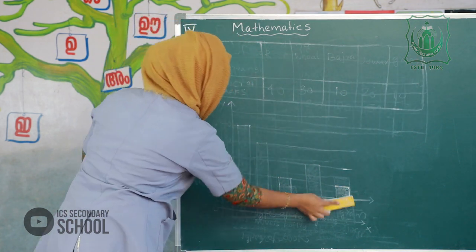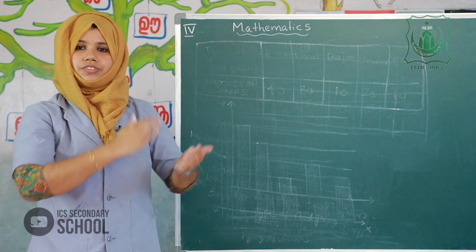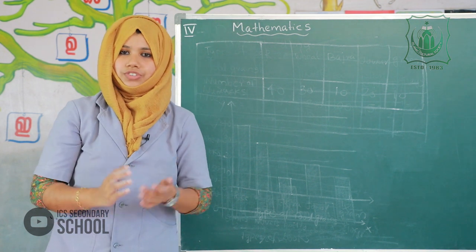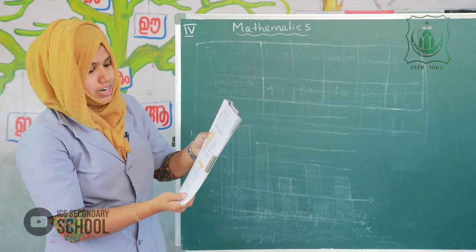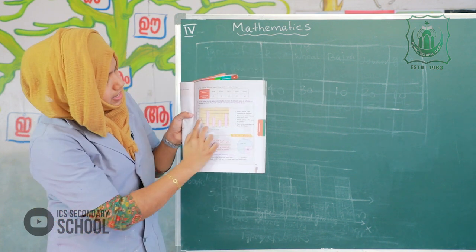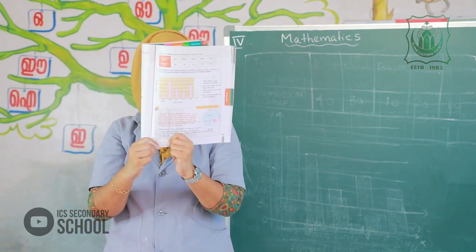So we already learned that if you get a bar graph, based on that bar graph you will get questions and you have to find the answer. In page number 101 you can see a graph. This is a bar graph. Okay, can you see this?